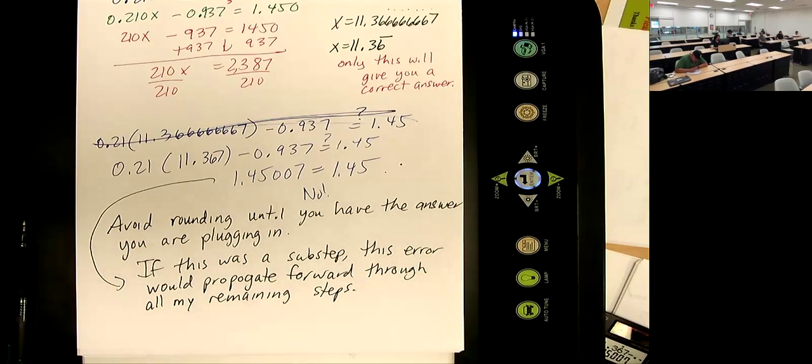And if I keep rounding along the way, like you saw with the standard deviation, there are a lot of steps. If you round too much, all those errors can add up so your final answer isn't even in the right ballpark. So you want to avoid that. And we'll call that a wrap for this hour. That was fine.